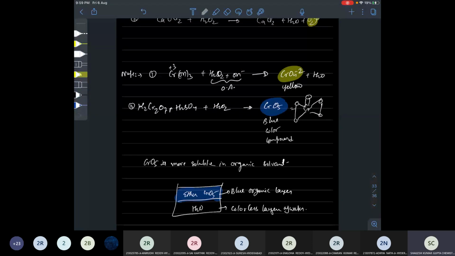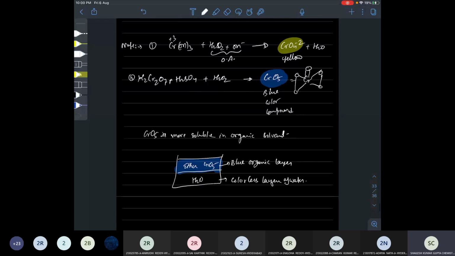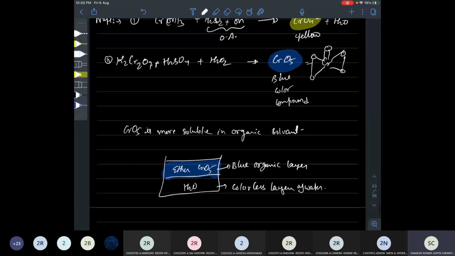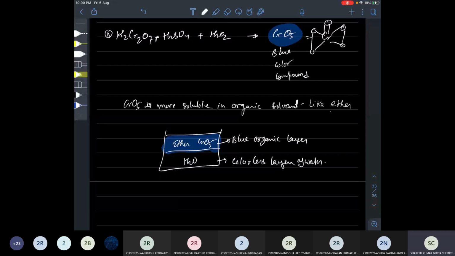This CrO5 is a blue colored compound, soluble in organic solvents like ether. Ether means ROR. You might be knowing that. ROR, that's how we used to know ether, where R groups are alkyl groups.